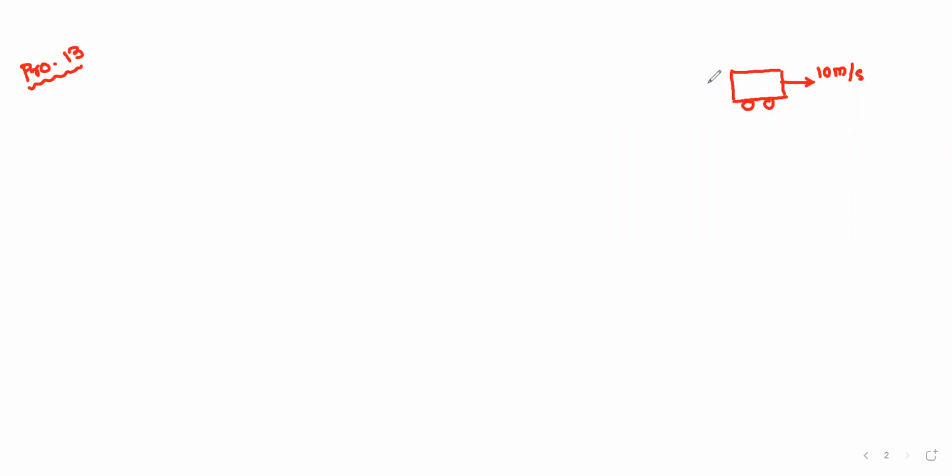So generally before reaching the destination, we jump out of the bus. Now my question is, after jumping out of your running bus, will you stop immediately or else you have to run along with the bus for some distance? I think you have to run along.